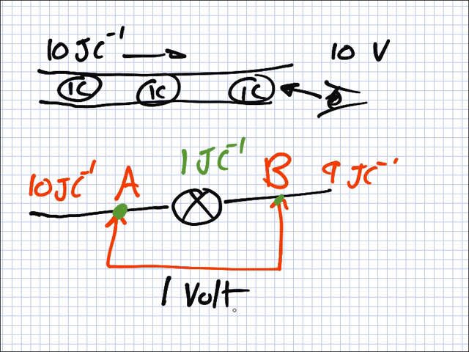Okay, so voltmeters only tell you difference in voltage between 2 points. So if you had a voltmeter here and here, and there's nothing happening in between, then it'll say 0 volts, because it can only see the difference between what went in and what came out.